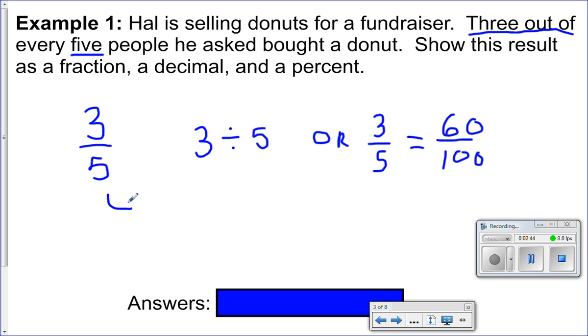Okay, so that means that 3 over 5 as a decimal is equal to 0.6. Okay, keeping in mind I don't need to keep any zeros after the 6.